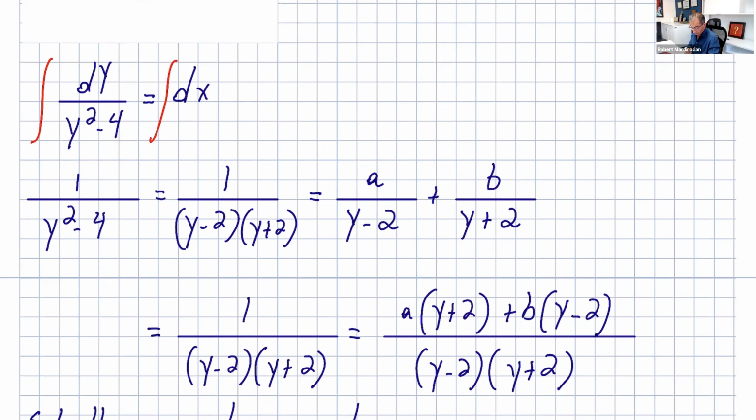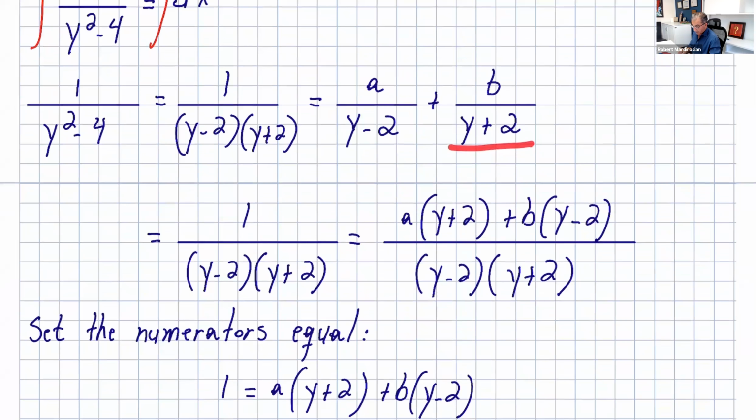1 over y squared minus 4, you can factor the denominator, and you can do partial fraction decomposition: a over y minus 2 plus b over y plus 2. Now if you have that equal to, take the LCD, and you multiply these two, so you get a times y plus 2 plus b times y minus 2.